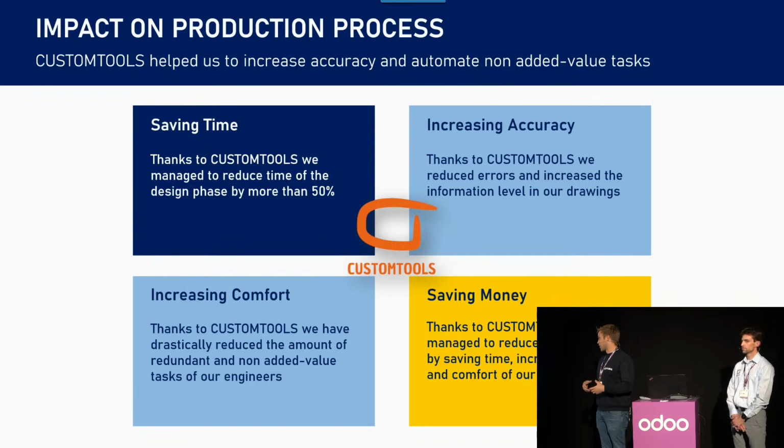It's also a comfort for our engineers, who are not doing redundant tasks anymore. They can really focus on what is important. And of course, these benefits lead to saving money, because if you reduce errors on projects, speed up the time, and save on manual tasks, then it has an important impact on costs as well.